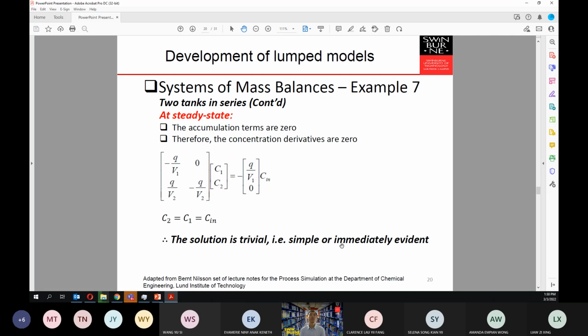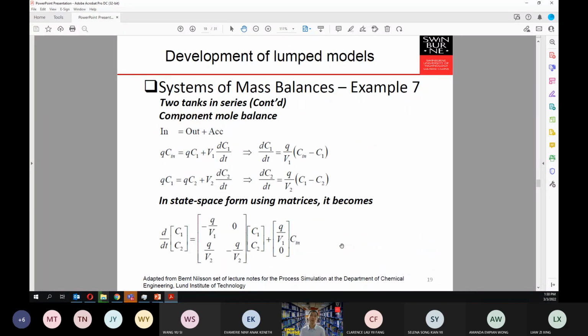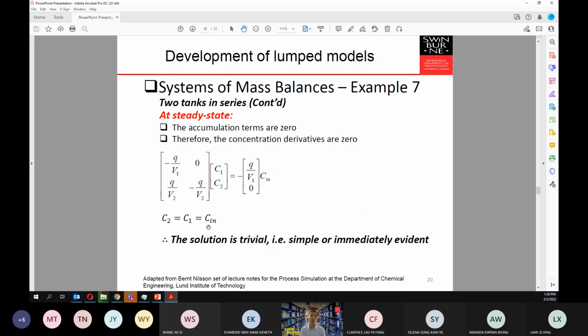Now, if we take it easy, we basically assume that there is no accumulation, or simply that these two components, dC1 over dt and dC2 over dt, are equal to 0. Then what we will have is essentially this.